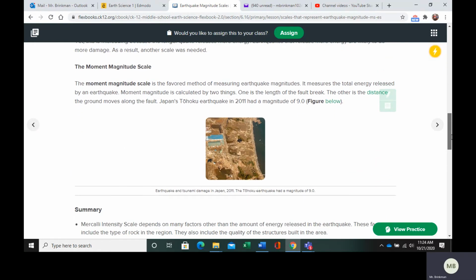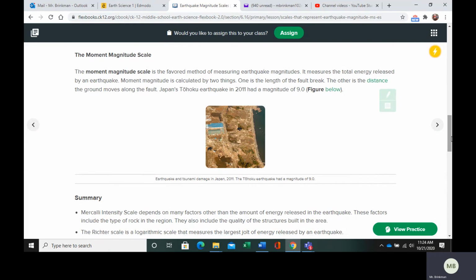And then after the Richter scale, they made the moment magnitude scale. This is the most favored method because it measures the total energy released by an earthquake, which is the most helpful. If you just do the most energetic jolt, it's not going to give you a good measure of the earthquake and all the energy released.